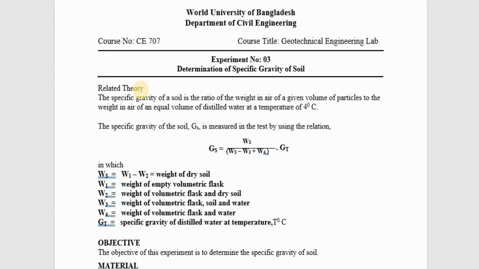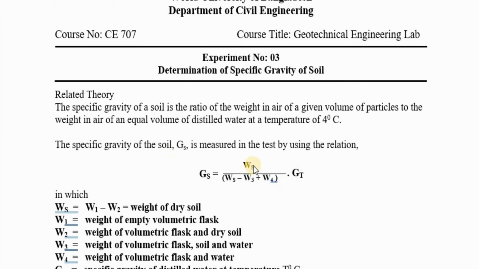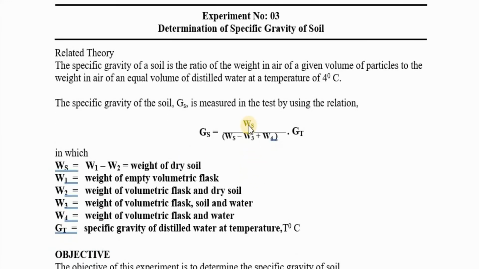This is the conclusion part of determination of the specific gravity of soil. You can see the equation is given here, where Gs is the specific gravity of the soil, and you can also see some notations like Ws, W3, W4, and the description of Ws, W3, W4 is given here.